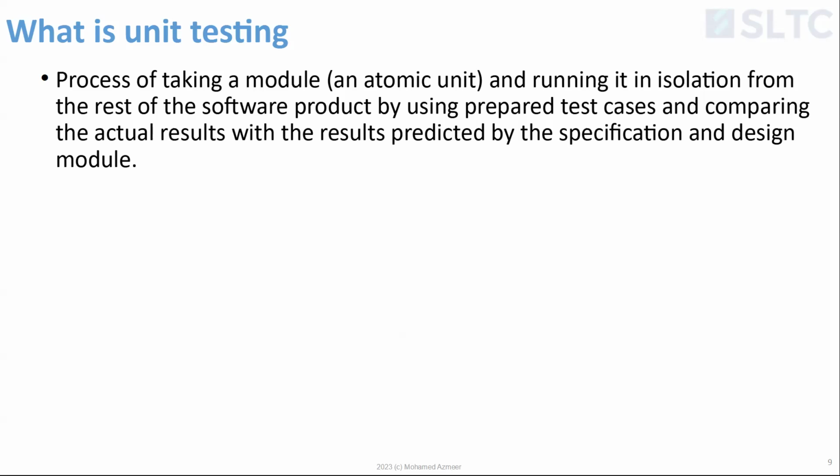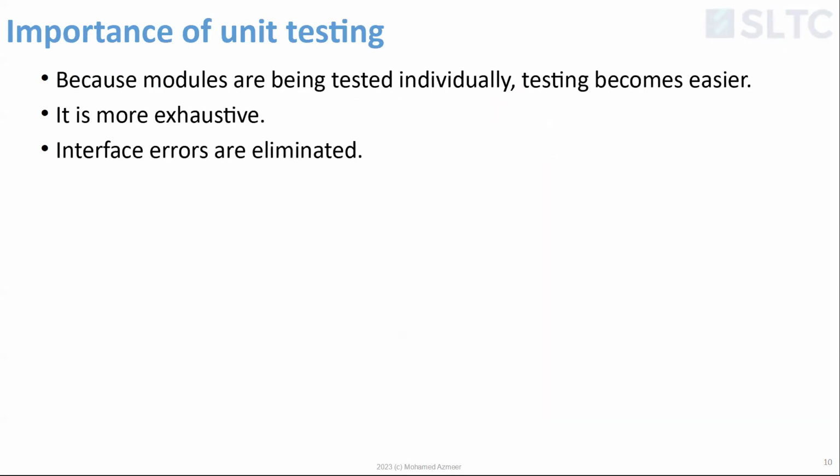You prepare the test cases and compare the actual result, right? You can also predict actually. Before you test it, you know what kind of result you will be getting. And then you also have a spec, and then you compare it as per the specification.